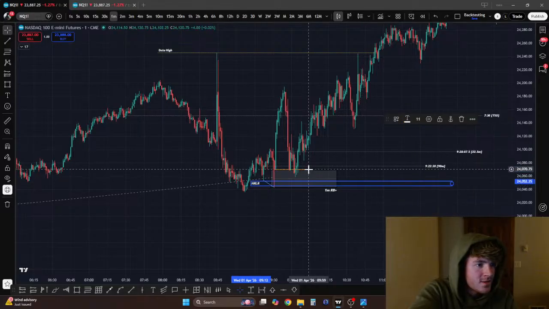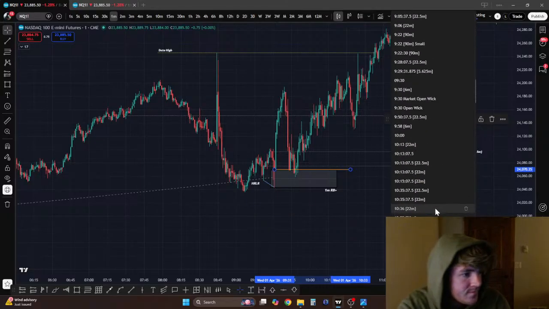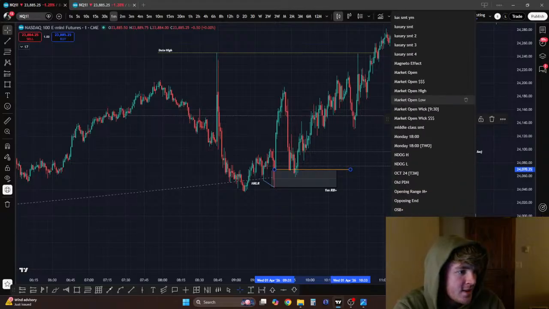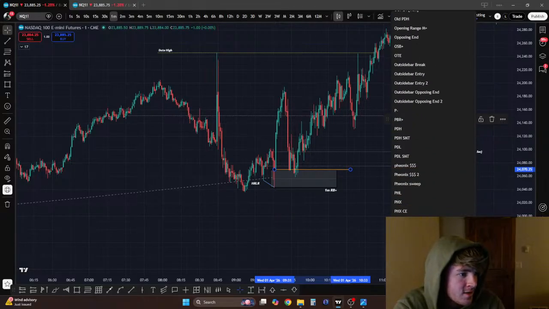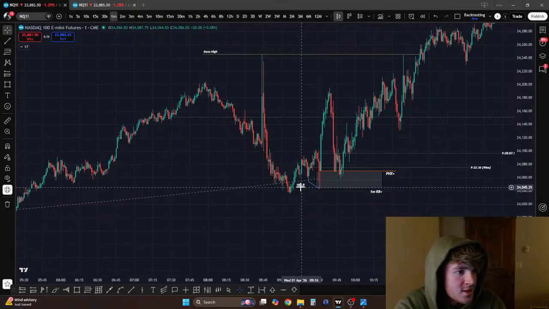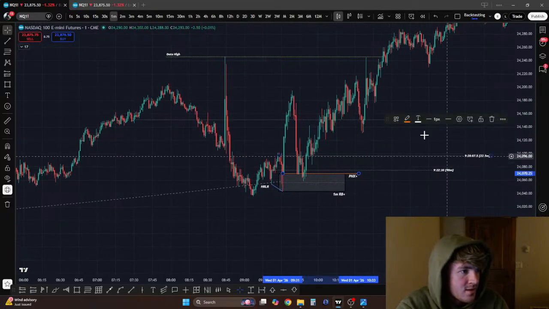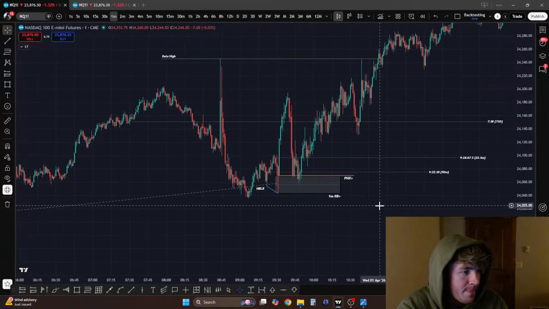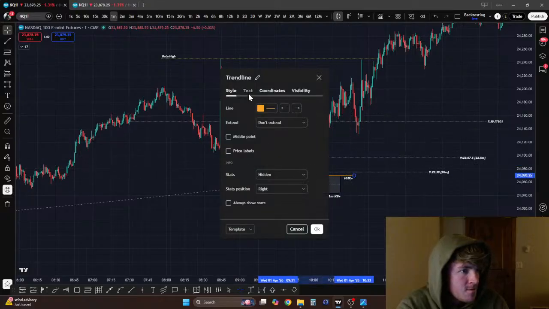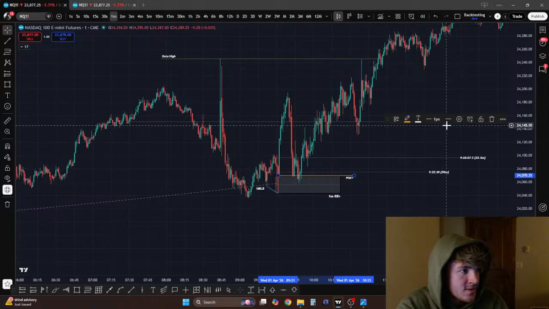Once again, there's your Phoenix model there. A lot of the time, guys, some of the best Phoenix models will be paired with these high resistance liquidity curves. Something to remember, right? Okay, so let's make some notes relative to this.